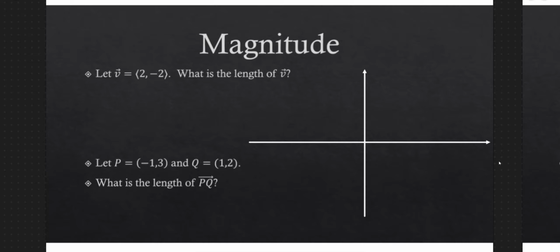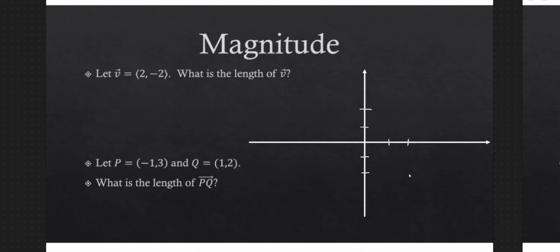So with this in mind, we need to remember when we first did vector addition and scalar multiplication, we did this all geometrically. Well, now we can bring in the algebra of real numbers now that we have components, and we can do the same for magnitude, for the length of vectors. So let's take a look at v here, which is (2, -2).